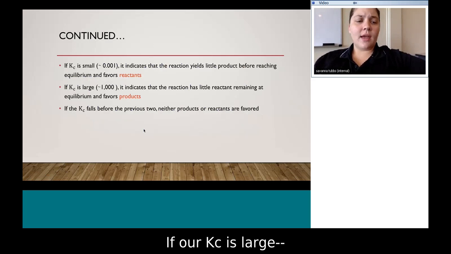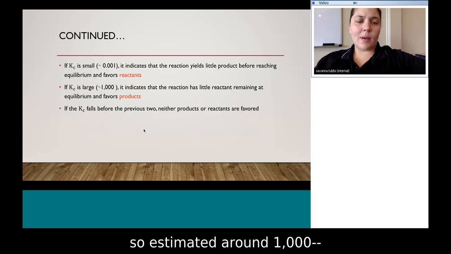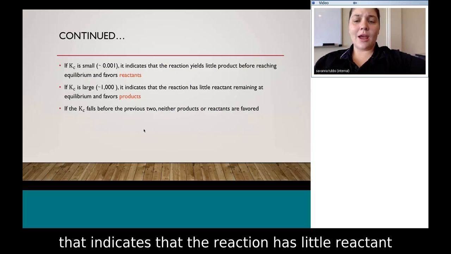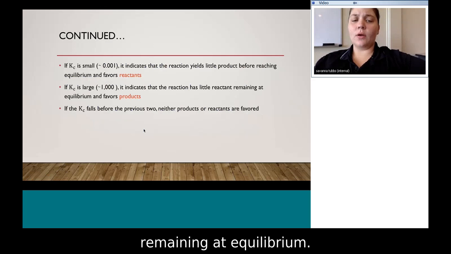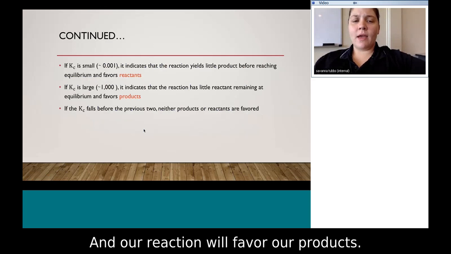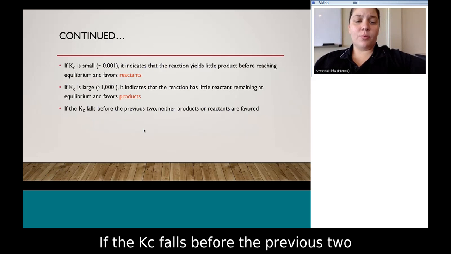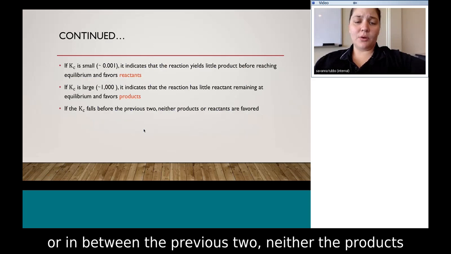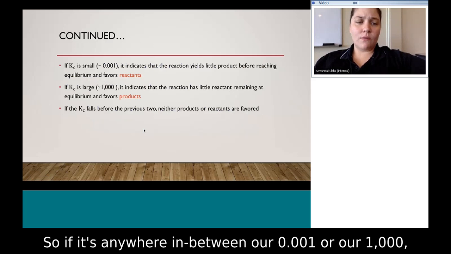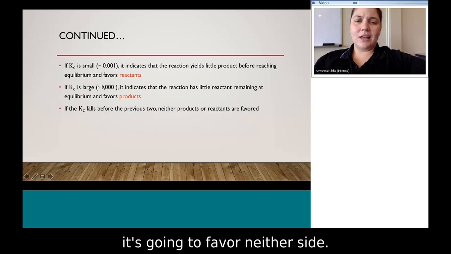If our Kc is large, so estimated around 1,000, it indicates that the reaction has little reactants remaining at equilibrium, and our reaction will favor our products. If the Kc falls in between the previous two, neither the products nor the reactants are favored. So if it's anywhere in between 0.001 and 1,000, it's going to favor neither side.